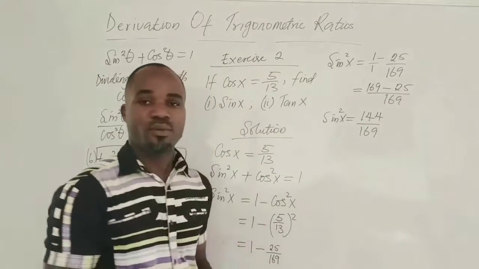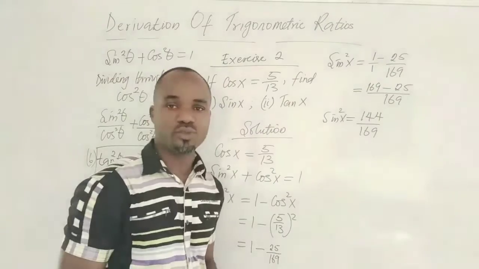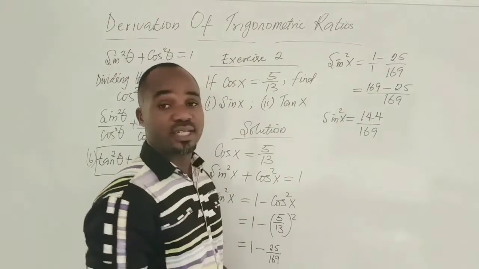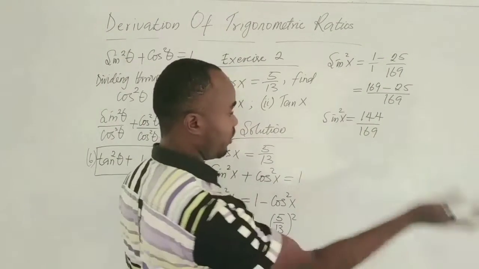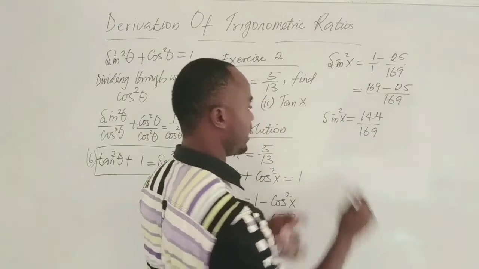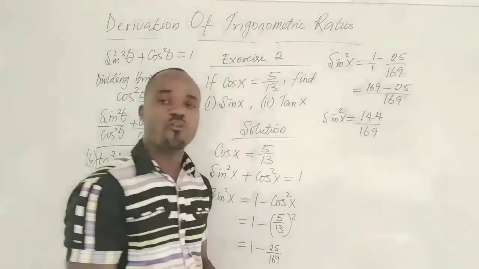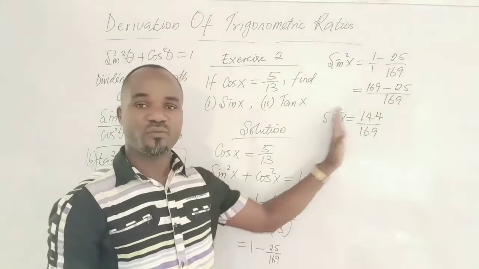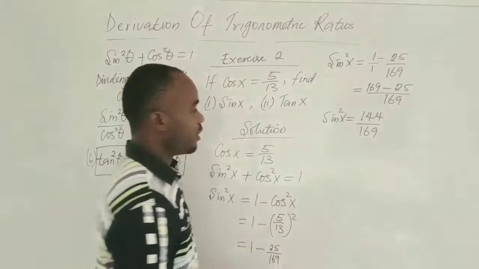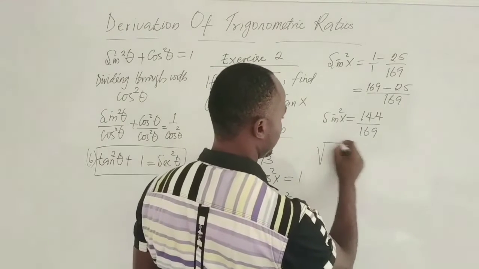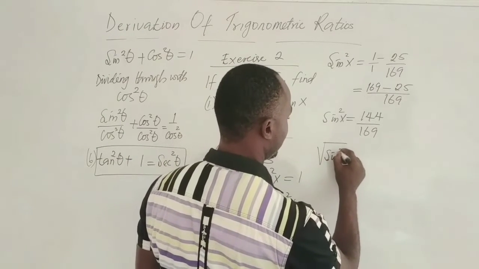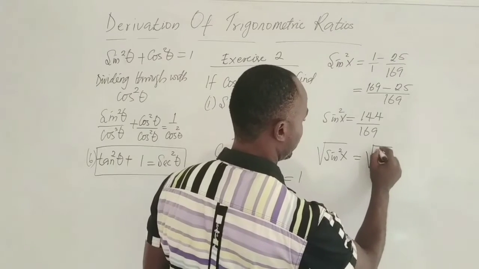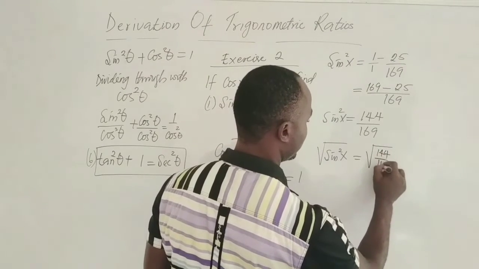But there's something remaining here which we need to do immediately. This square has to be removed. Then we find the square root of both sides, and we do that right away. The square root of both sides is sin x equals root 144 over 169.